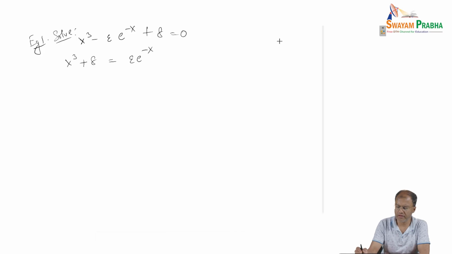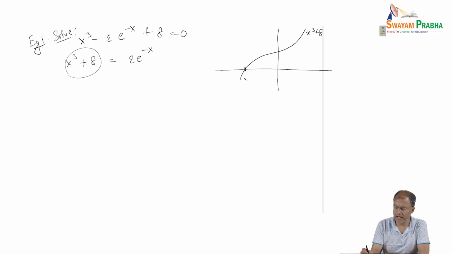Now if we try and draw this figure, we will see that x cubed plus 8 is a curve that is going to cut at x equal to minus 2. And then e to the power minus x will be an exponential curve.